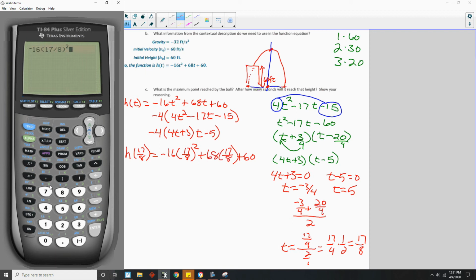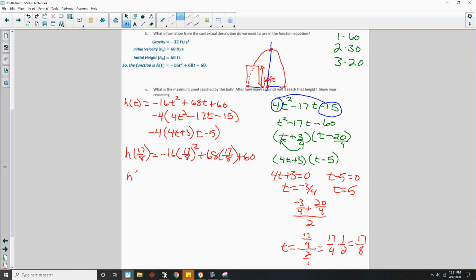So negative 16 times 17 over 8 squared plus 68 times 17 divided by 8 plus 60. And I hit enter, and I get 132.25. All right? Okay, so h of 17 eighths equals 132.25 feet. Okay, so that is this value right there.